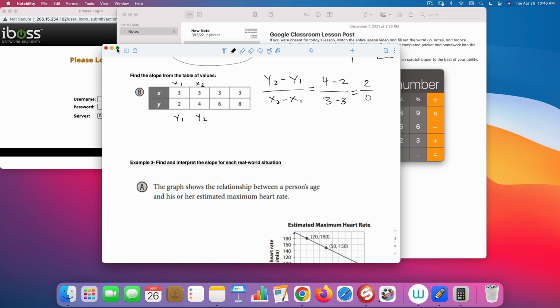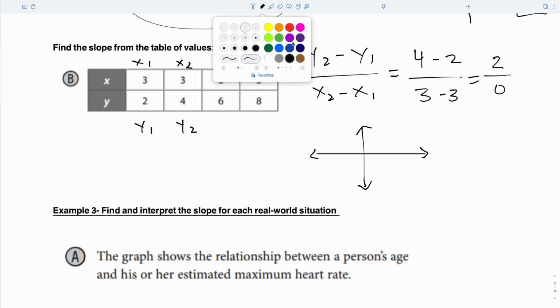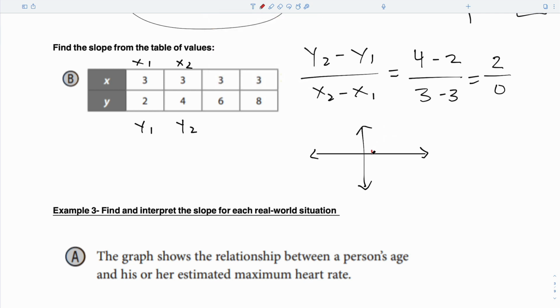That's telling you that this line is actually just a vertical line. If you have x values that are all the same numbers, you can look at that and automatically say that line's vertical. If you make your line and you go over 3, up 3, over 3, up 6, over 3, up 8, that makes a vertical line for you.